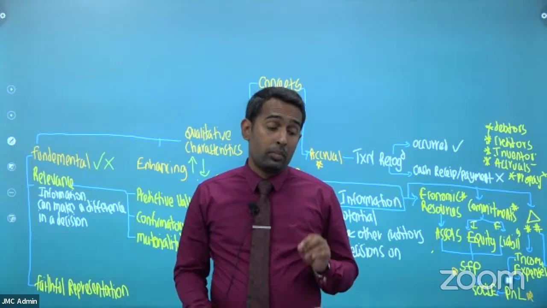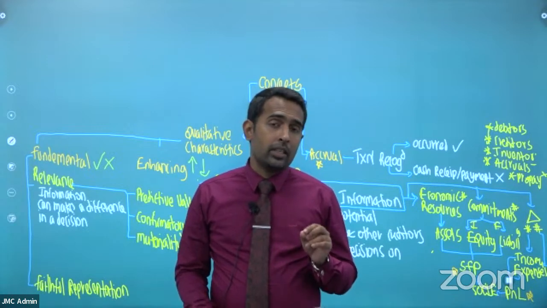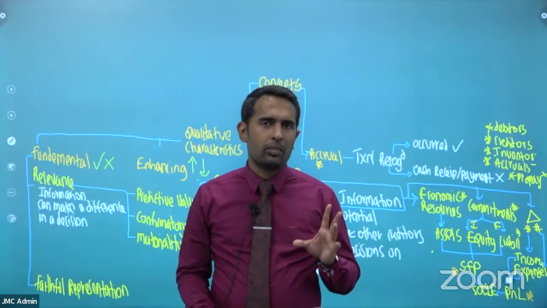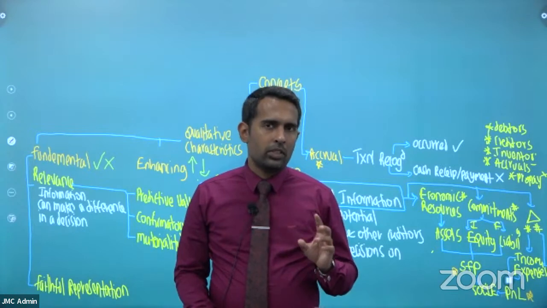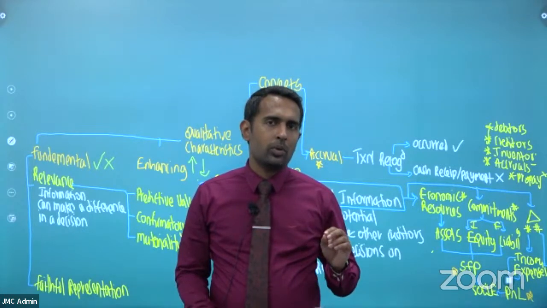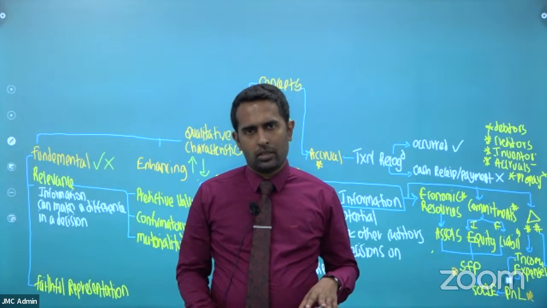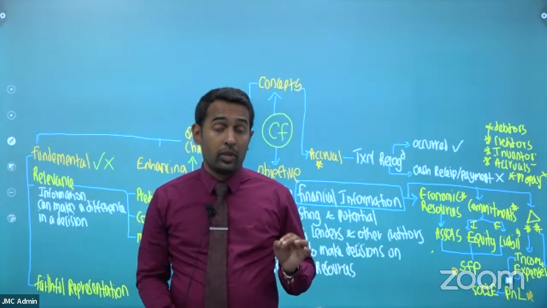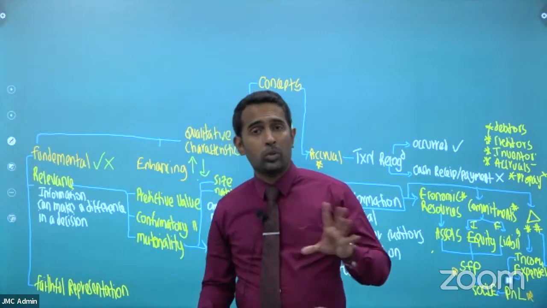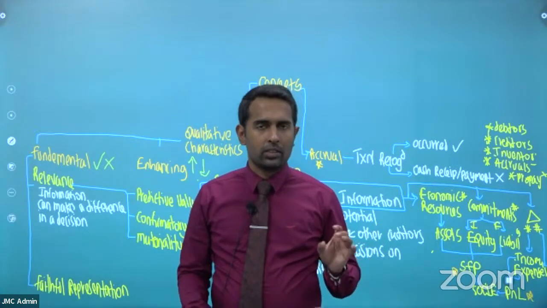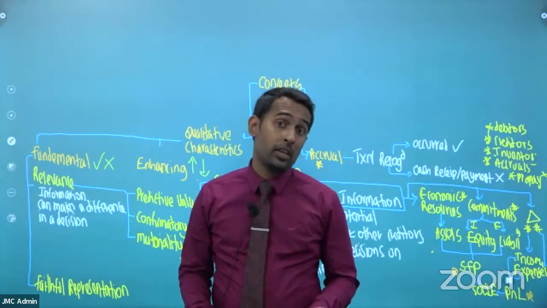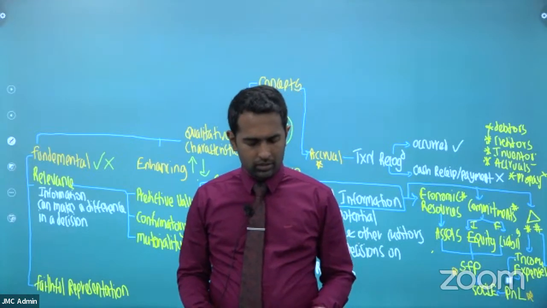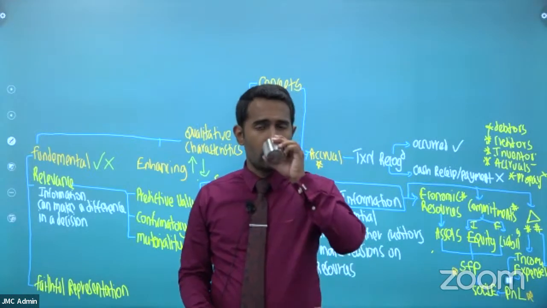But let's say this company is a television company, and because of this error, they are about to lose their license. Let's say the government is very strict on a particular area. Because of this error, you are now about to lose the license. In such a scenario, 50,000 will become material based on the nature. Okay?